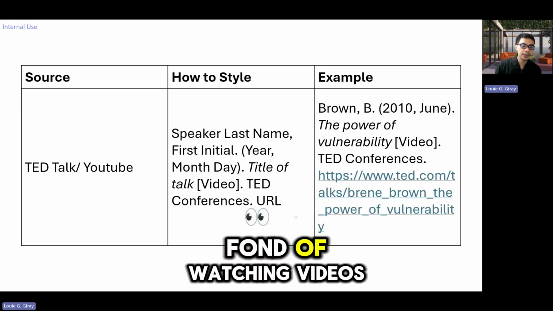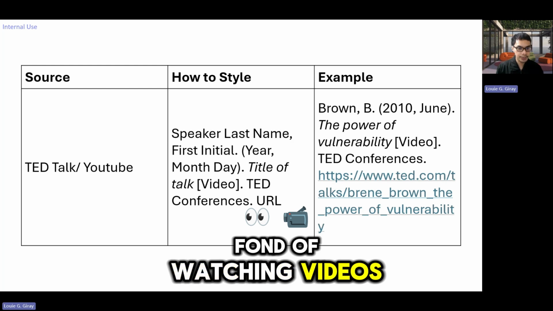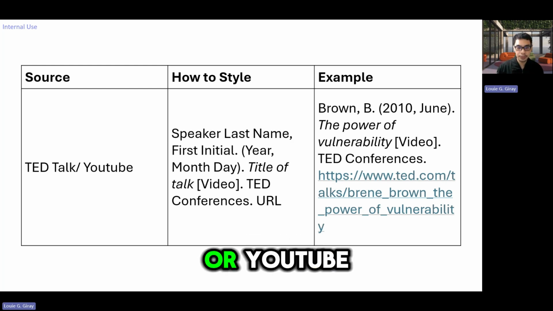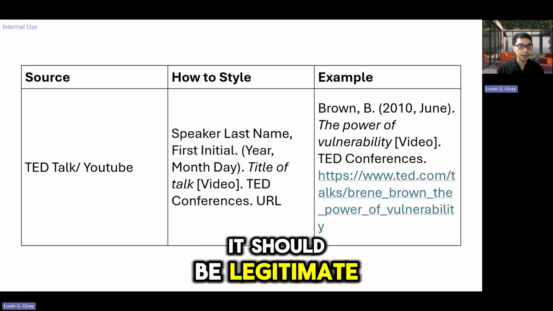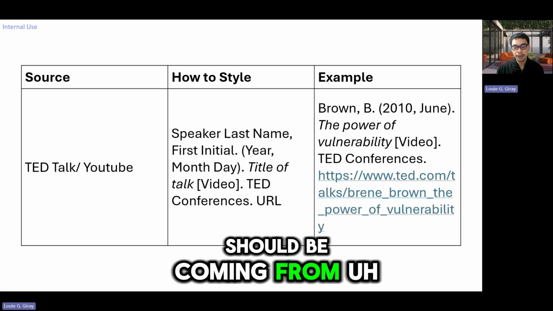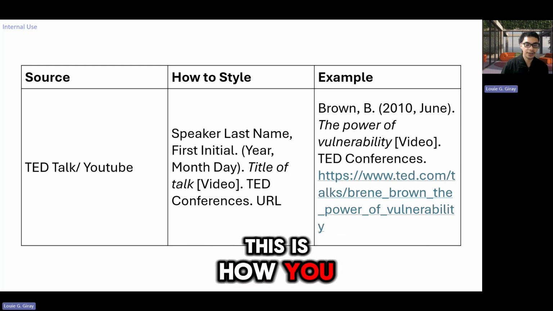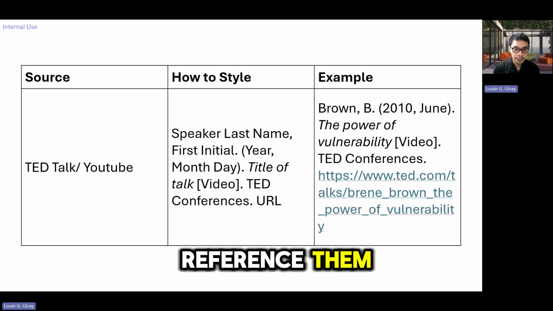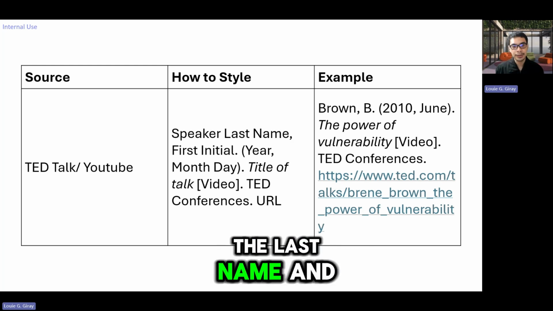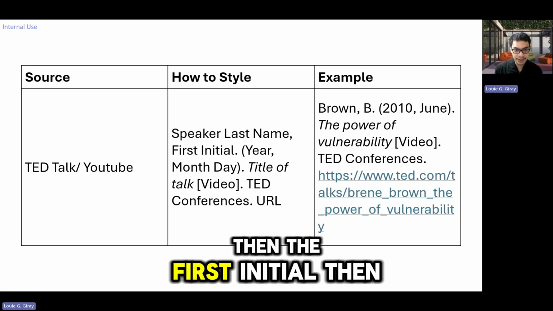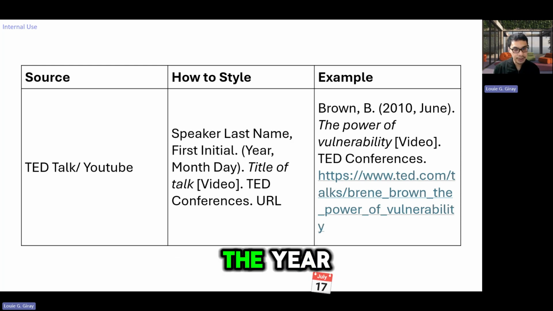You may be fond of watching videos. It can be a TED Talk or YouTube. It should be legitimate, should be coming from sources that are official. This is how you reference them. The last name, and then the first initial, then the year.